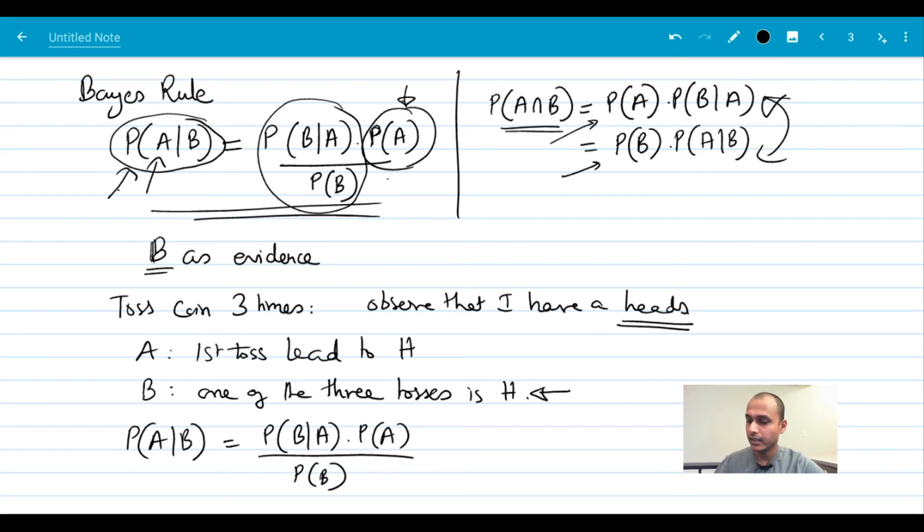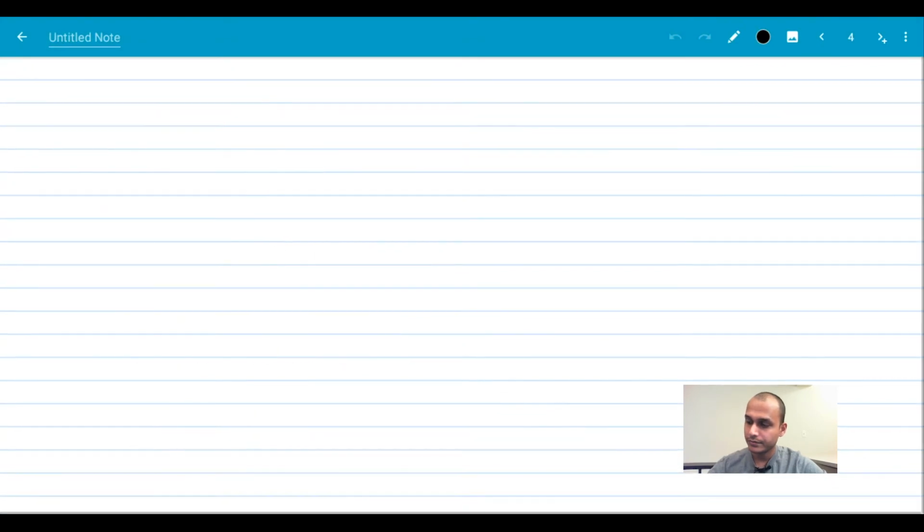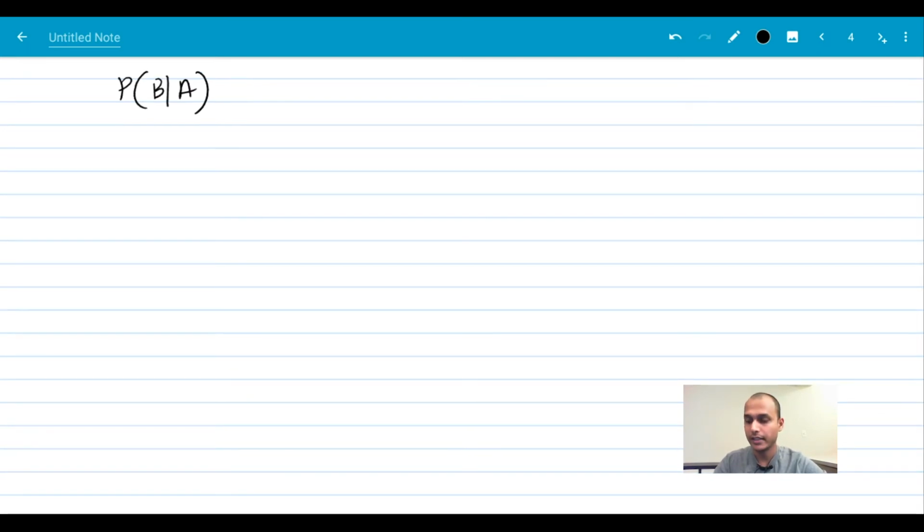Now let's understand the numerator. Let's tackle the simpler one first, the probability of A, the probability that the first toss is heads. Let's assume that the coin has some bias with which I'm flipping the coin.